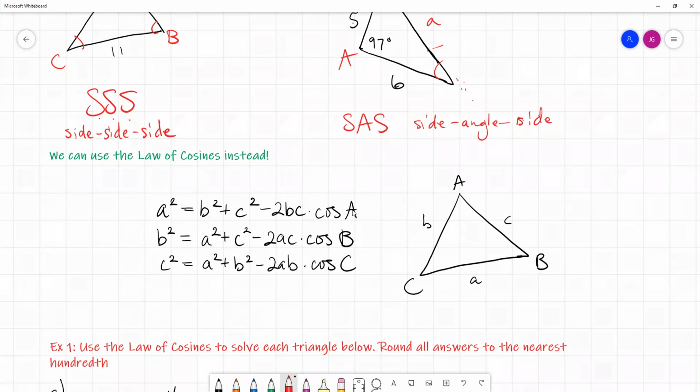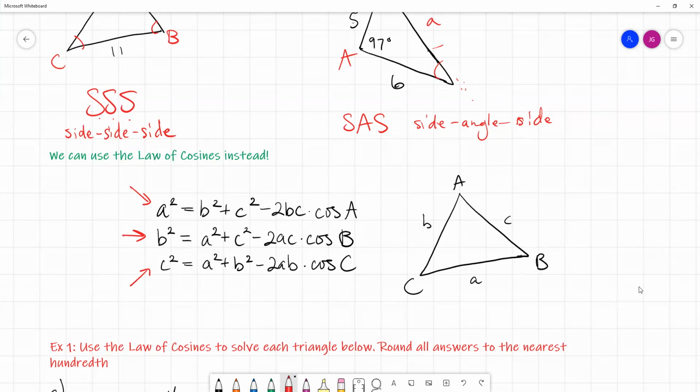In this triangle, I'm going to solve for angle B, which means I'm going to need to use the second one. What if I need to solve for side b? Same thing, also use that second one. So this is if you're missing side or angle A, side or angle B, and then side or angle C. And so a squared equals b squared plus c squared minus 2 times b times c times the cosine of A, and so on and so forth.